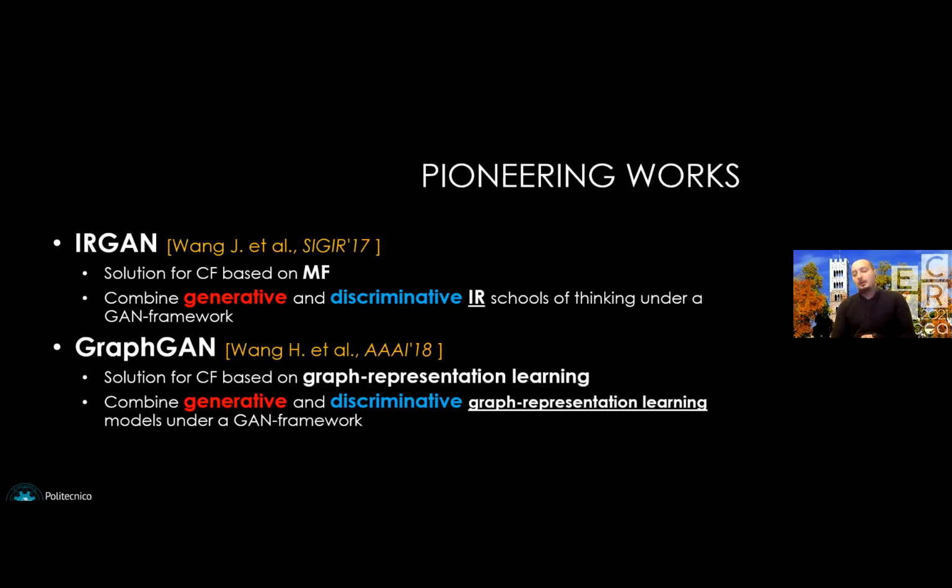IRGAN proposed to use GANs to tackle some important information retrieval tasks, such as the classic query-based retrieval task, the recommendation task, and the question answering task. GraphGAN instead was proposed to use GANs, so generative adversarial networks, to improve graph representation learning.